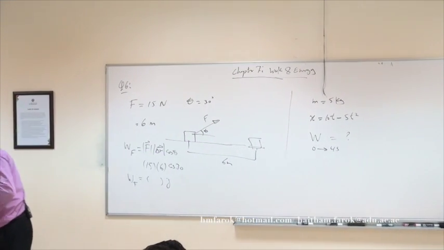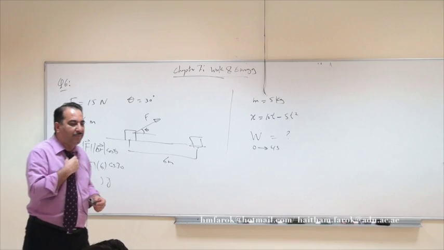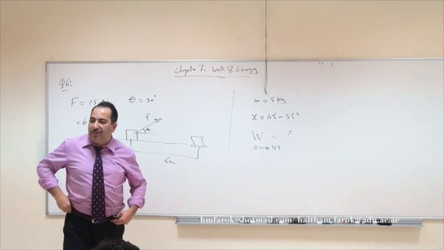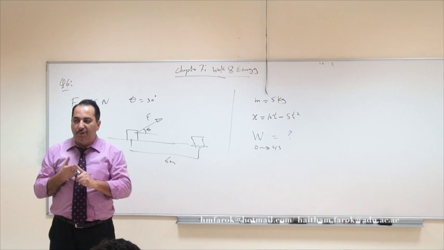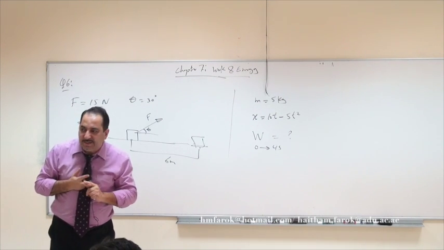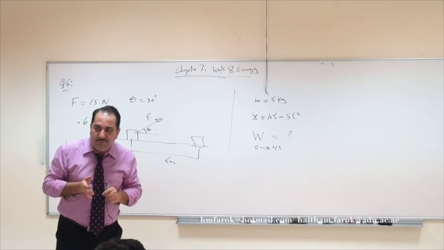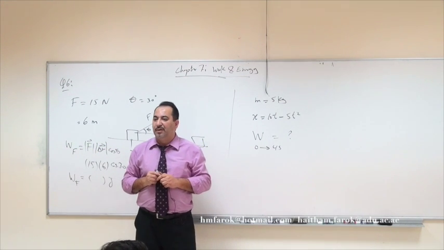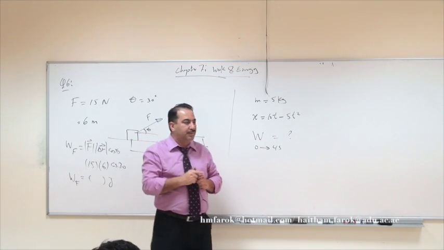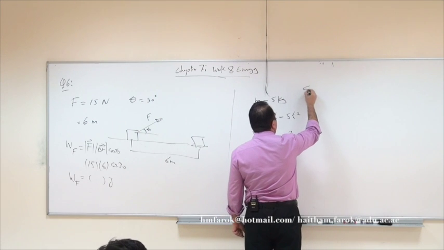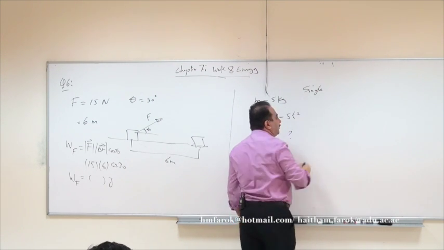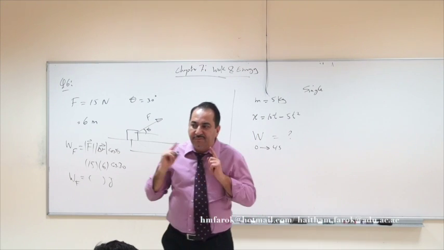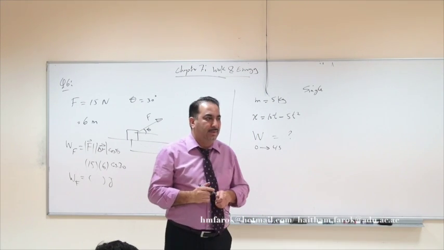So, what we have to do here? If you want work, always start from the question. If you want work, what do you need? Force and displacement and the angle between them. In this question, how many forces do we have? One force. Single force. Which means the force you have here is F net.